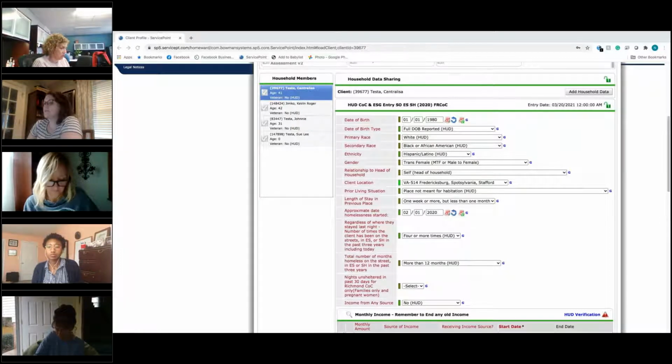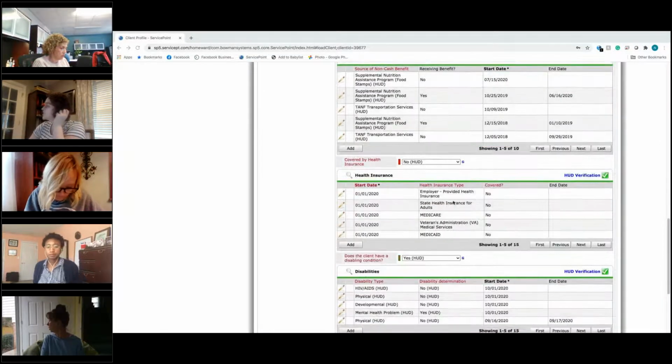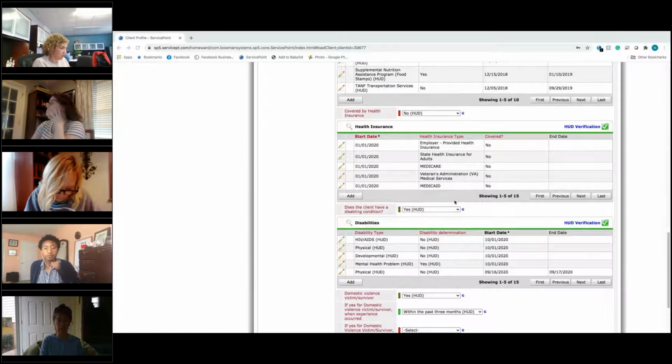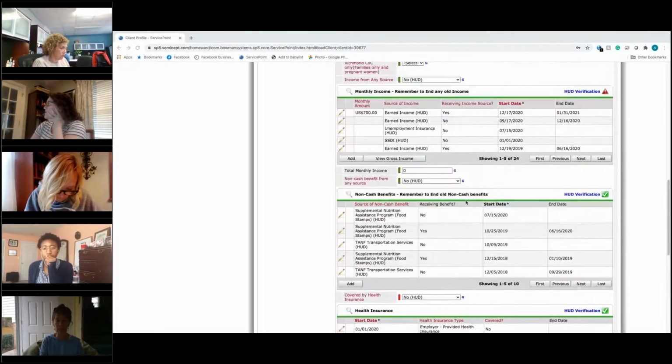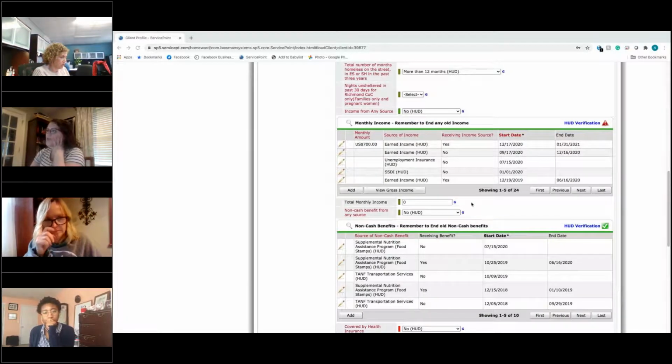The next largest issue comes from sub-assessments. When I say sub-assessments, I'm talking about these boxes here. The 4 boxes are for income, benefits, insurance, and disabilities. One of the biggest things is making sure that you have answered every available option, not just the options in which the person has.